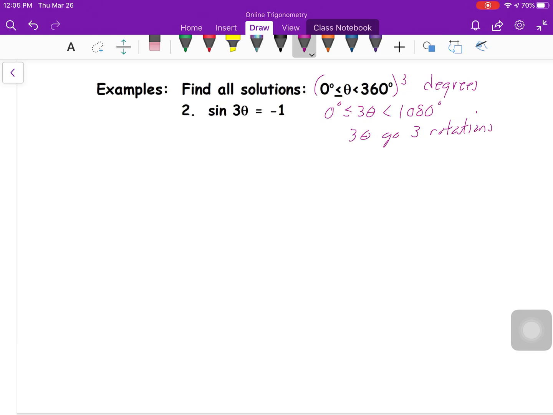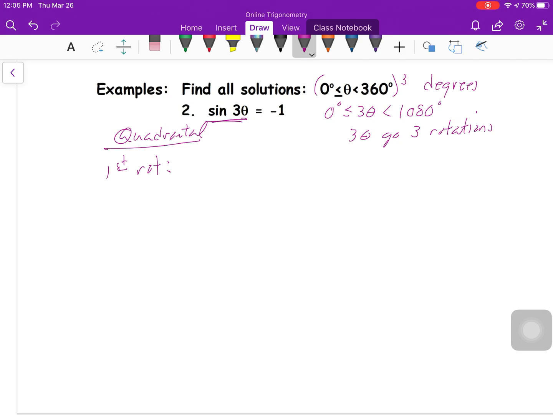Now, this one is already, again, solved for the trig function. It's already isolated. It also is quadrantal. The quadrantal angle on the first rotation that has a sine that's equal to -1. Well, sine is, of course, y over r.